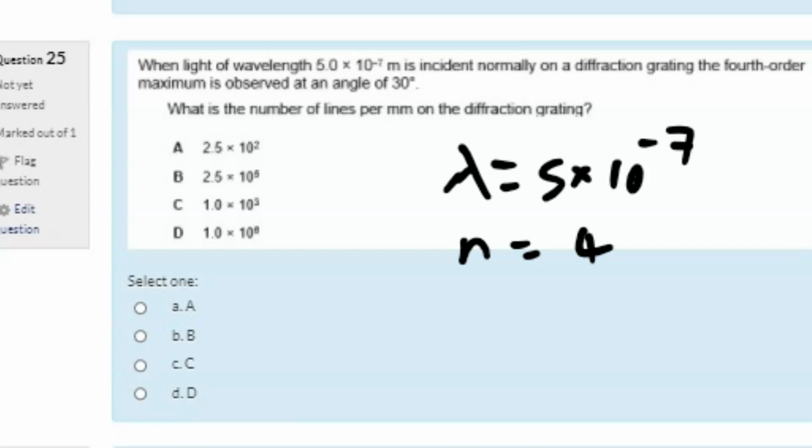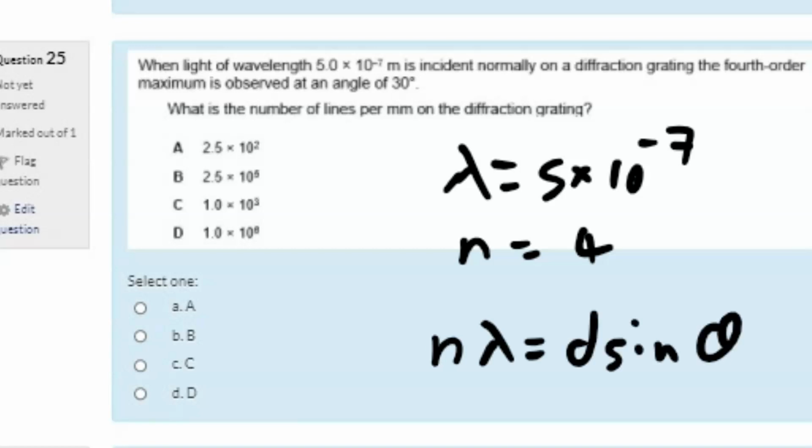We're using n lambda equals d sine theta because that's the diffraction grating. We know that's 30. What is the number of lines per millimetre on the diffraction grating?